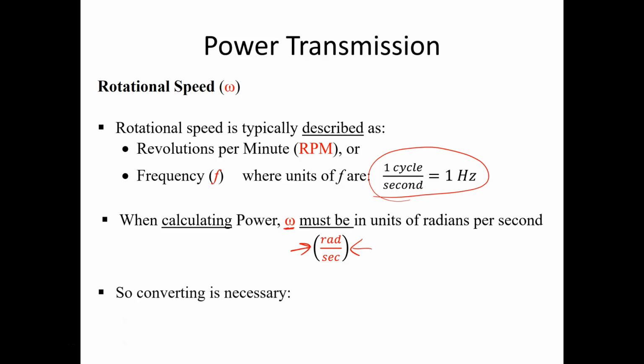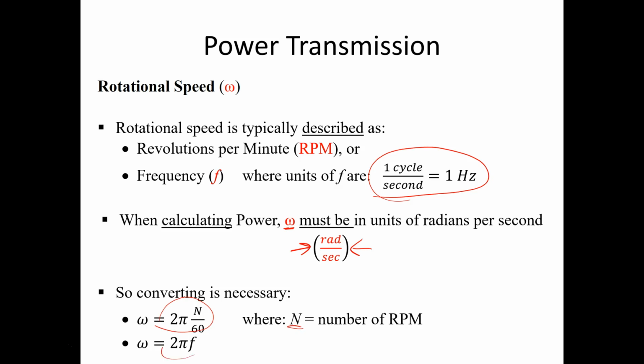So converting is necessary, where omega is 2 times pi times n divided by 60, and n is the number of RPM, or omega is 2 pi times the frequency. Once again, whenever we are calculating power, where power is equal to torque times omega, we must have omega in radians per second.